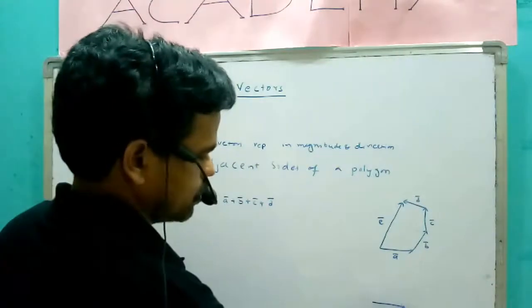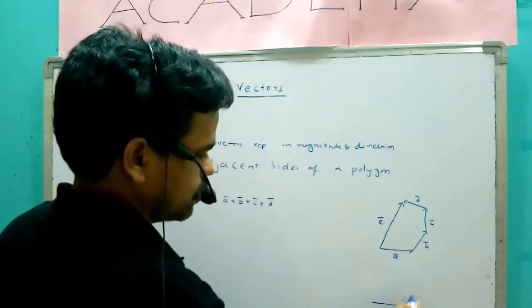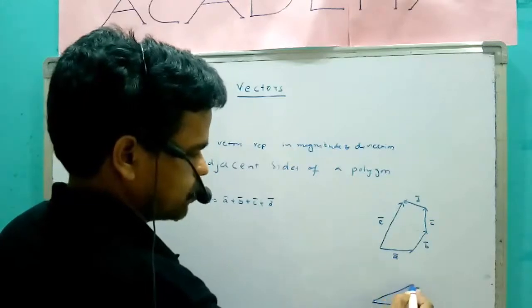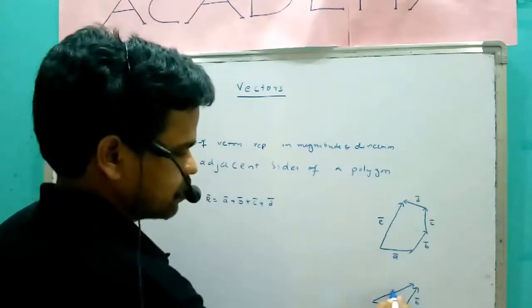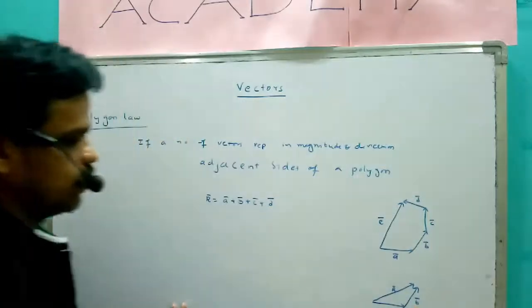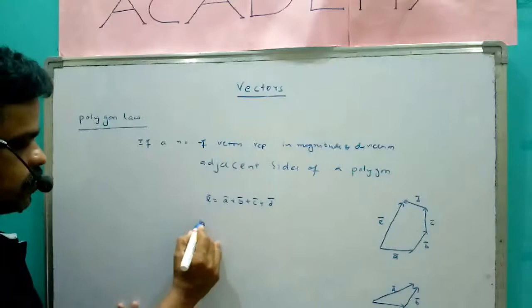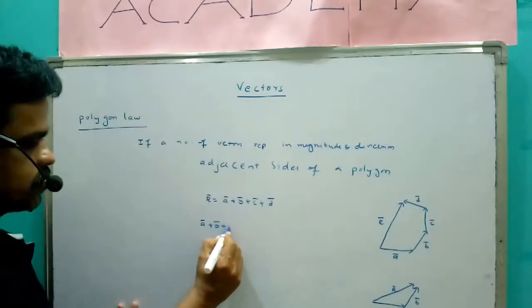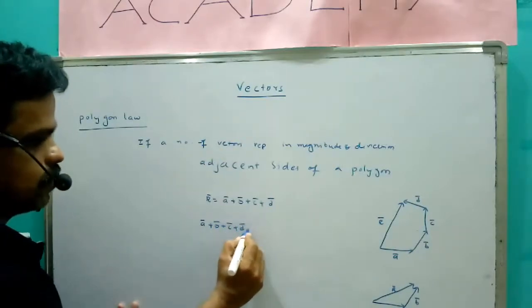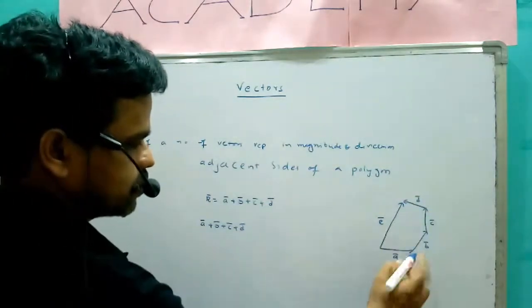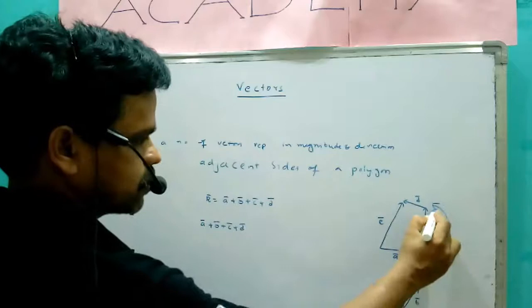What we did in the triangular law is take two vectors, and the closing vector is the resultant of these vectors. So if you want to calculate A plus B plus C plus D, the resultant is in the opposite order of these four vectors, which are in the same order.